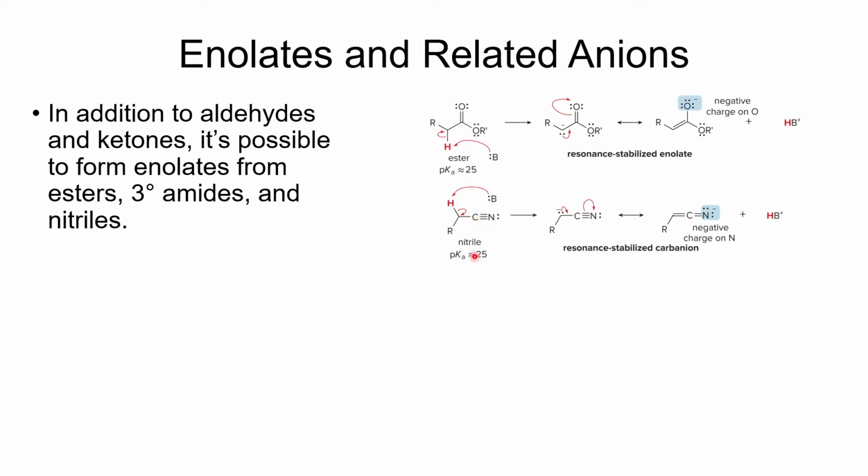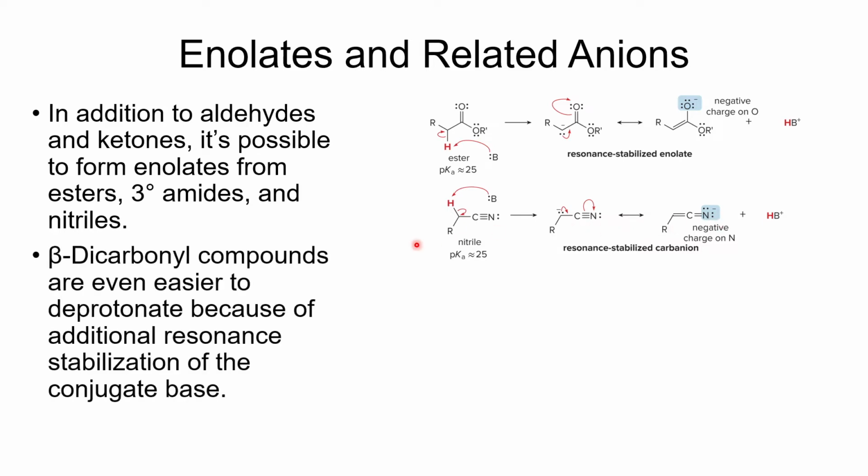Here with the nitrile, we'll also see a pKa of about 25. So that's going to be not quite as acidic as the acetone. We do get a resonance structure that puts negative charge on the more electronegative atom, but you'll notice it's on a nitrogen, and nitrogen is not quite as electronegative as oxygen.